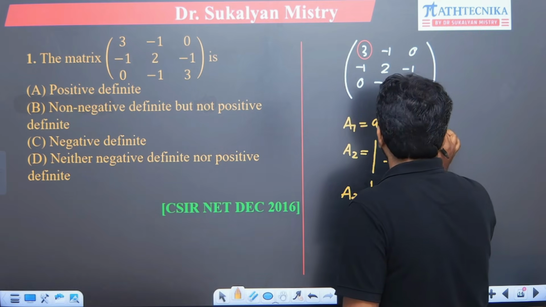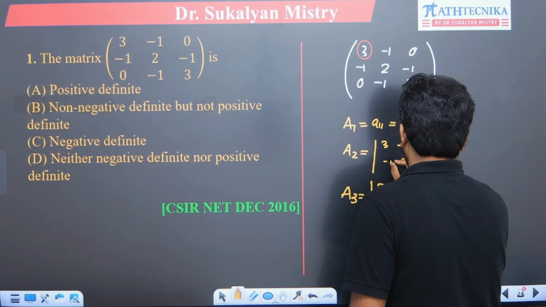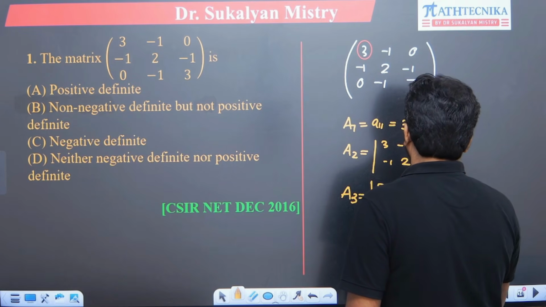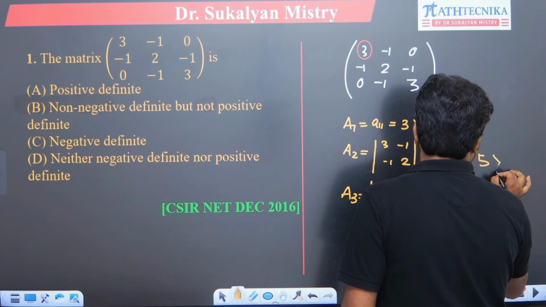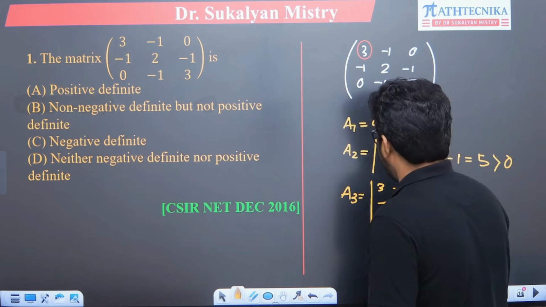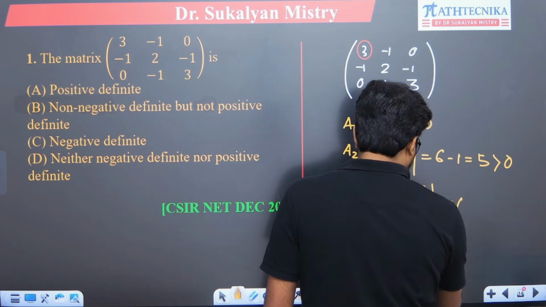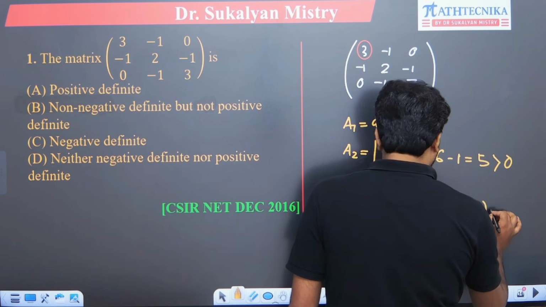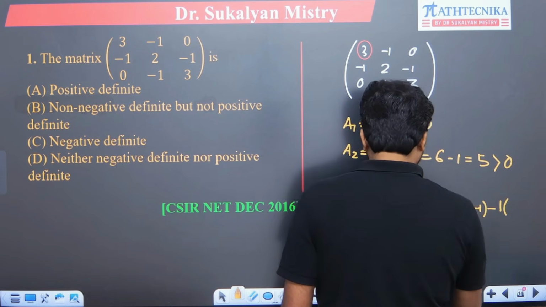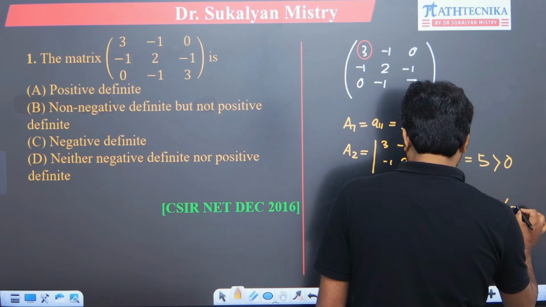So this is positive. If we calculate this, 6 - 1, that means 5, that is positive. And obviously you can calculate the other one: 3 into 6 - 1, minus 1 into -3.